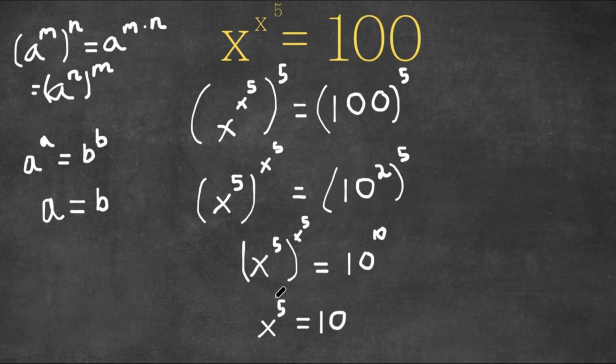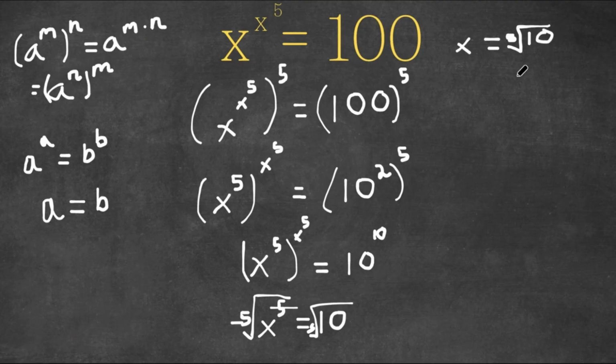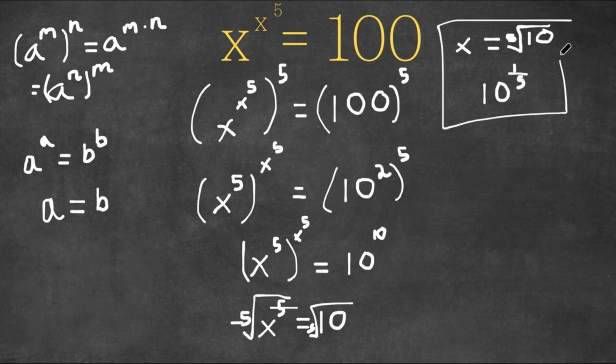Now we want to cancel out this fifth power, so I'm going to take the root of 5 on both sides, and these two cancel out, and I would be left with x is equal to the fifth root of 10. And this can also be written as 10 to the power of 1 over 5. So this would be our answer.